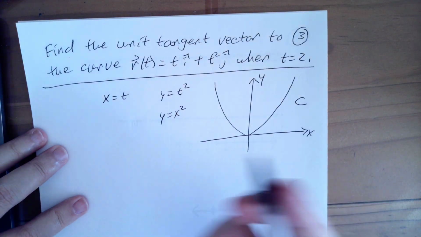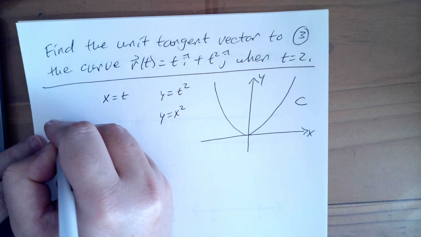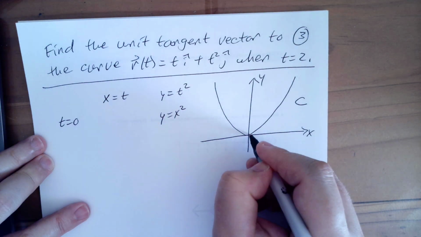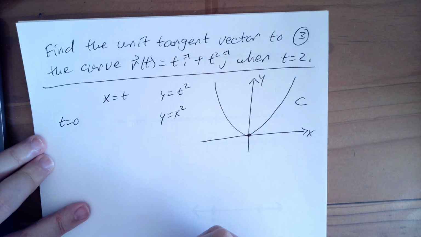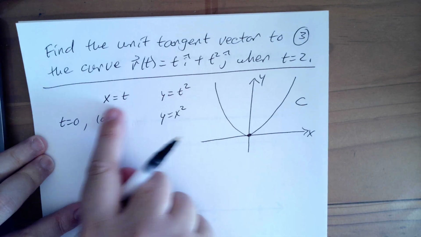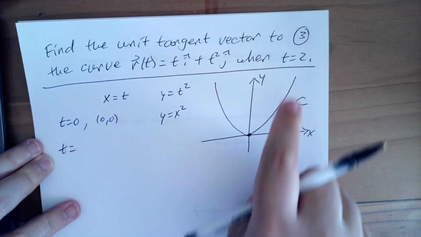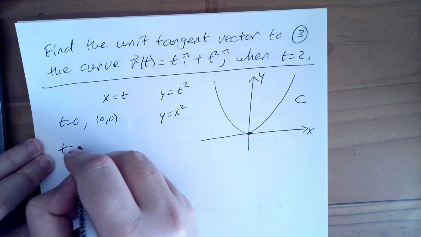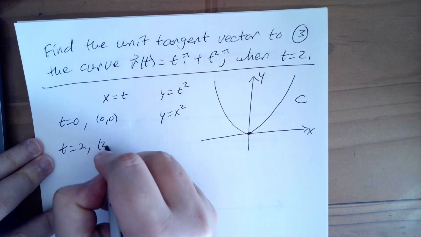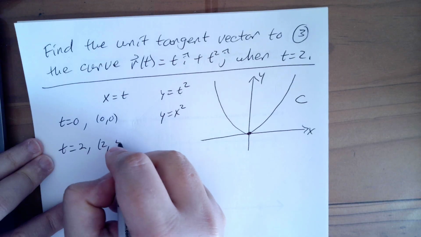And to get the orientation, if we pick out some values of t, we can do t equals 0. In that case, you just get back the origin. So if you put t equals 0 in for both of these, you'll get back 0, 0. If you do t equals, let's say our number that's in the problem, 2, this will be 2, and this will be 2 squared, which is going to be 4.